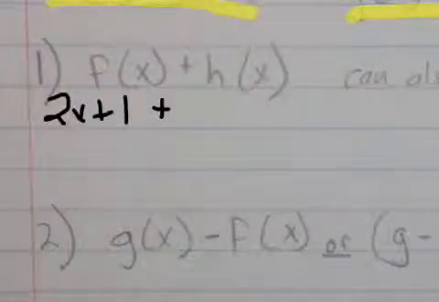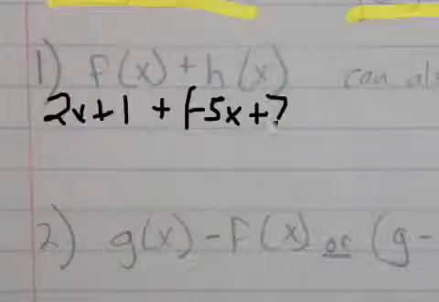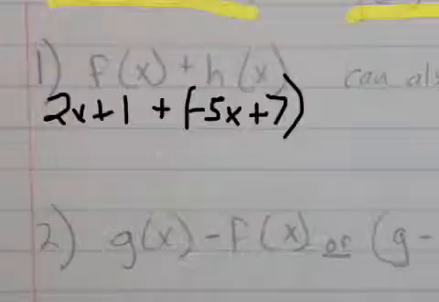Negative 5x plus 7 is what we're adding. Okay? So when you look at that, that's just like a normal expression that we've seen before. 2x plus 1 plus negative 5x plus 7.